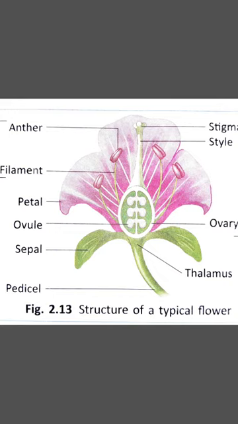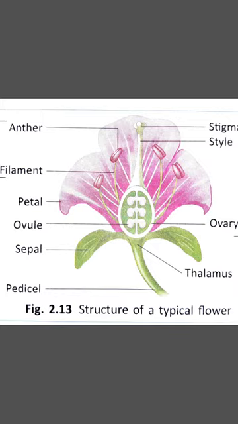It is the greenish part, and it defends the bud. The work of the calyx is to defend the floral part or the bud. After that come the petals. After petals, the stamens are there.